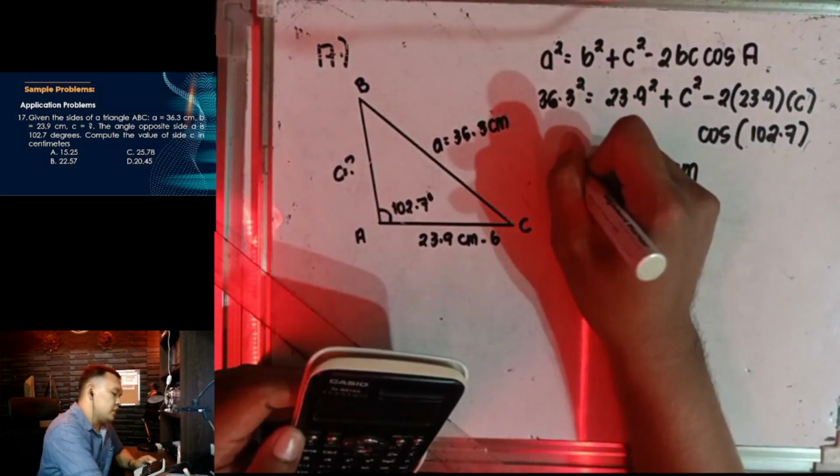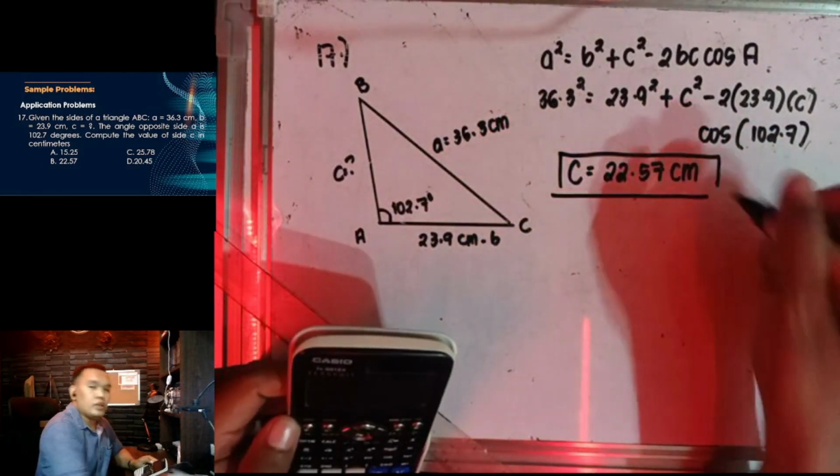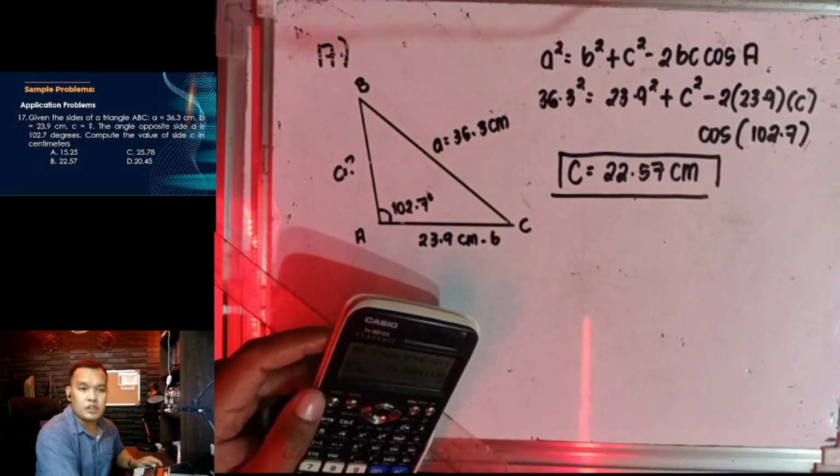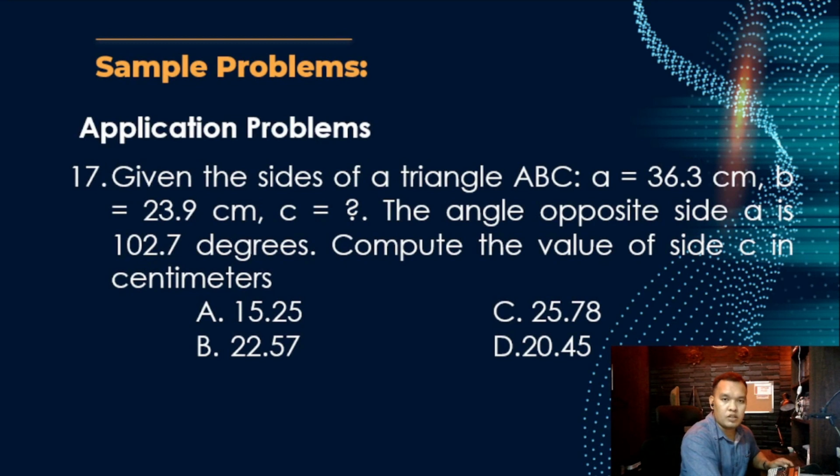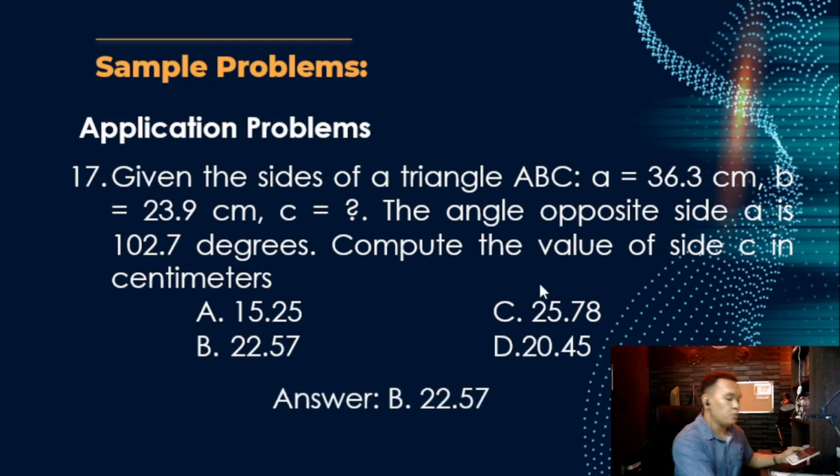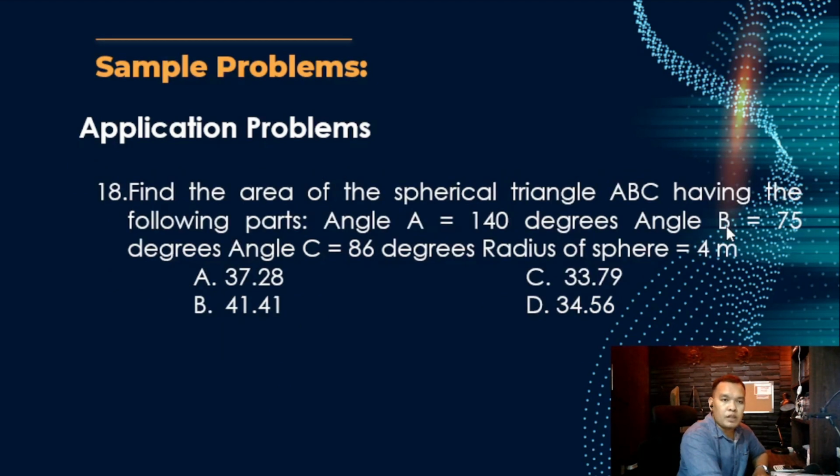So the side C is equivalent to 22.57 centimeter. Let's check the choices. So we have here letter B, 22.57 centimeters. Okay, let's proceed to problem number 18.